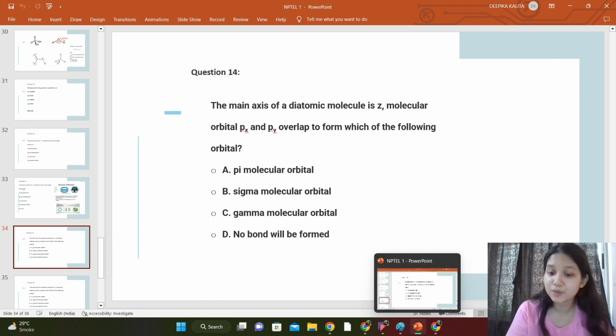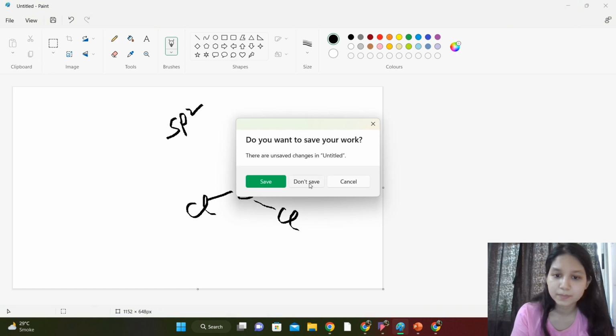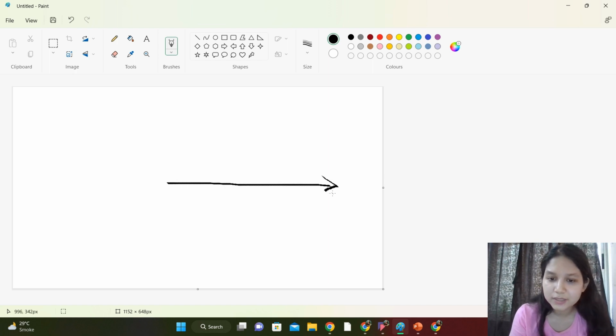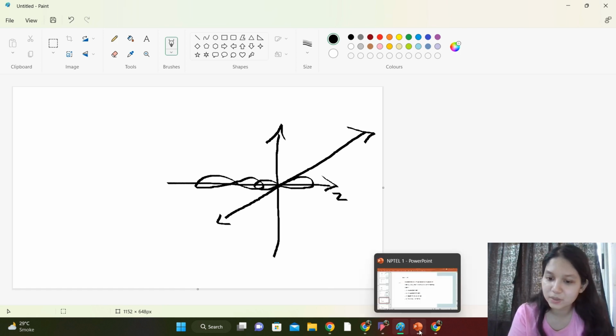Let us try to visualize. You have been asked that the bonding orbital lies along this z-axis, and you have x and y axis perpendicular to this z-axis, which contains the bonding orbital.